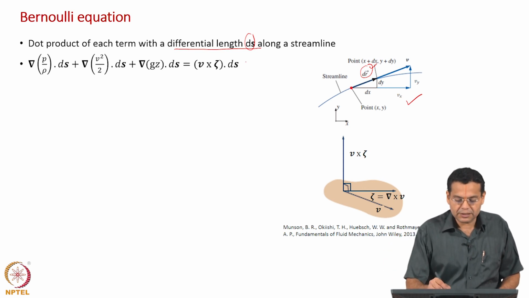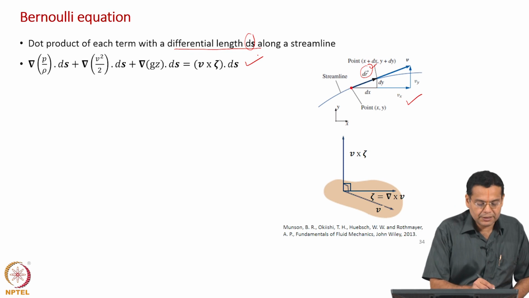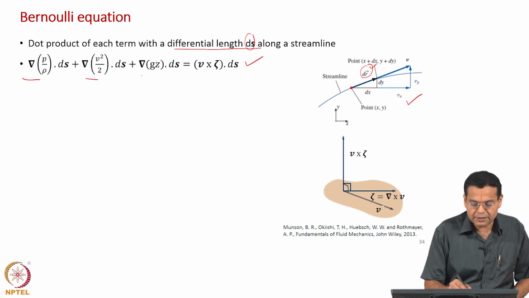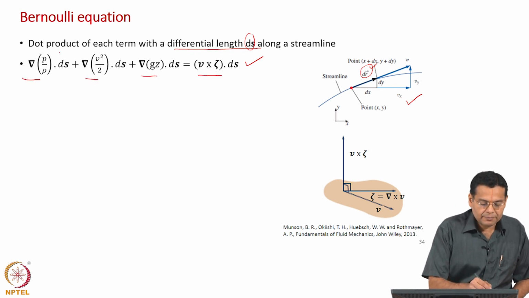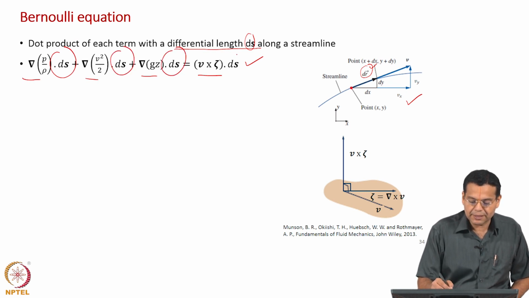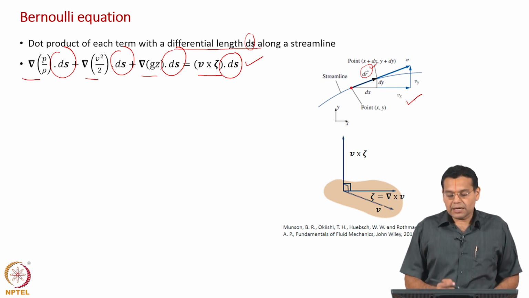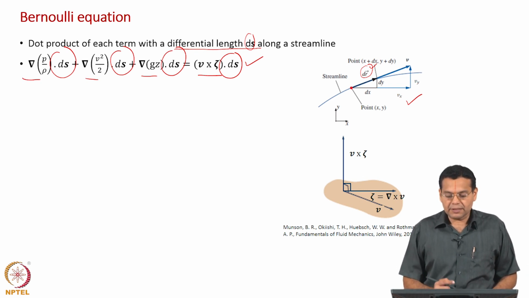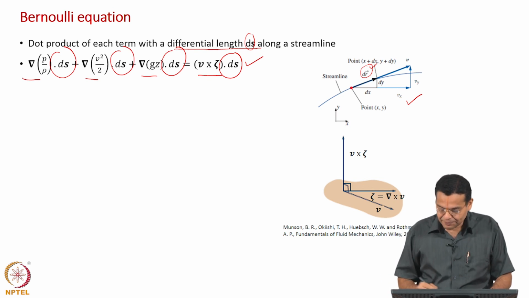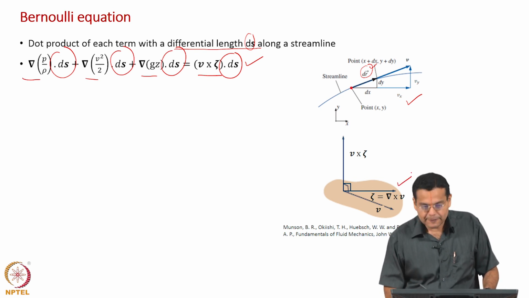What is this equation? The previous equation had these terms, and every term has now been dotted with the ds vector. Now, let us see what happens to the right hand side, having dotted with the ds vector. To understand the right hand side, we will have to focus on this figure.